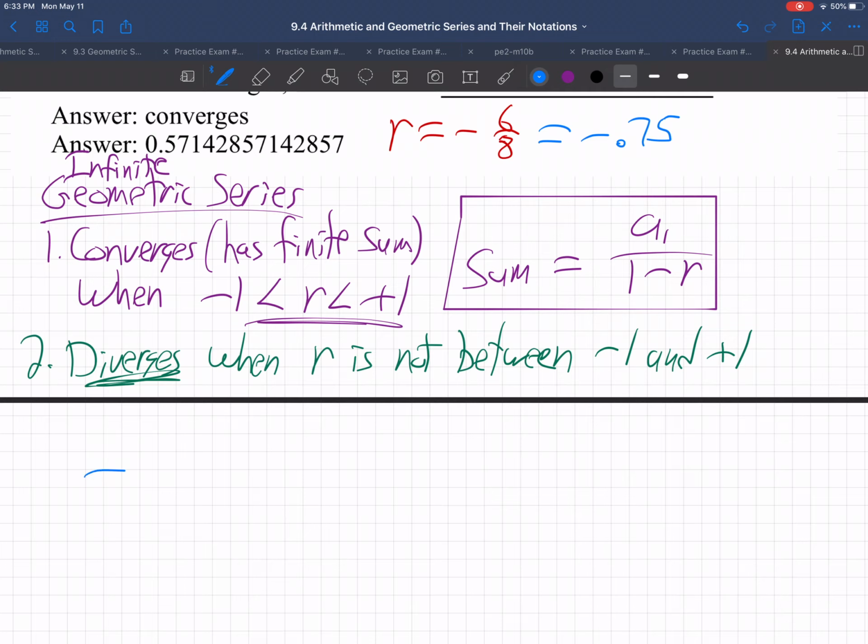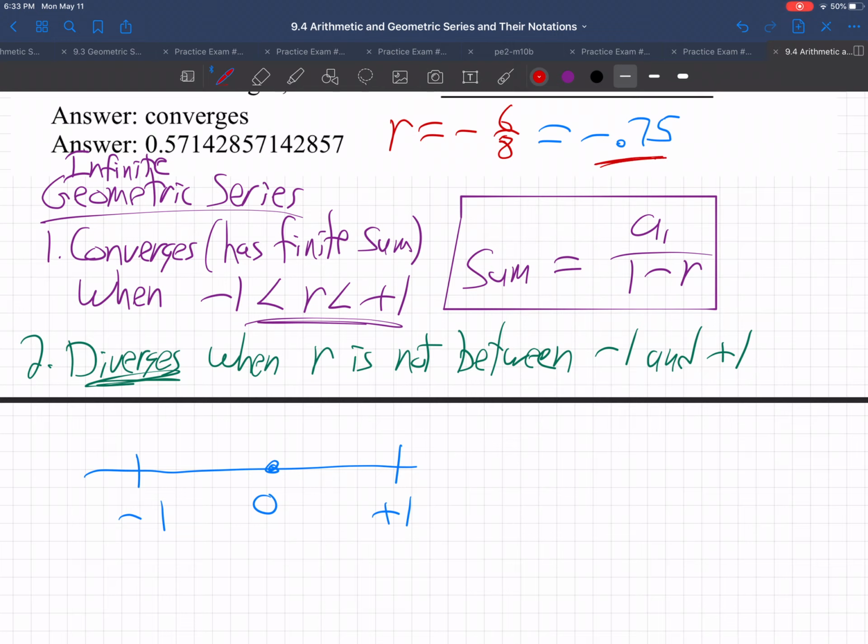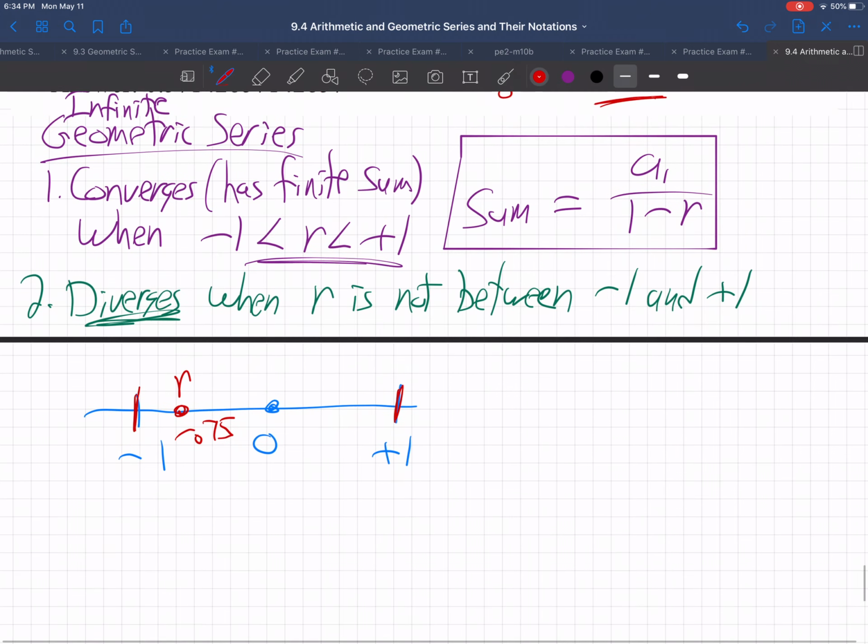So if we do a number line here, we put -1 here and +1 there, we put 0 in the middle. Where's the R value, -0.75? It's about right here. Negative 0.75. There's our R value. So it is between negative 1 and positive 1.